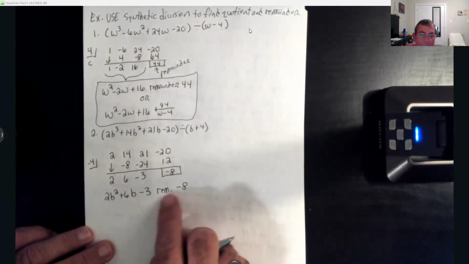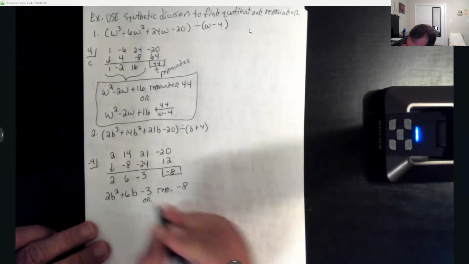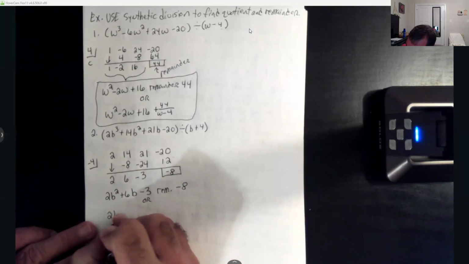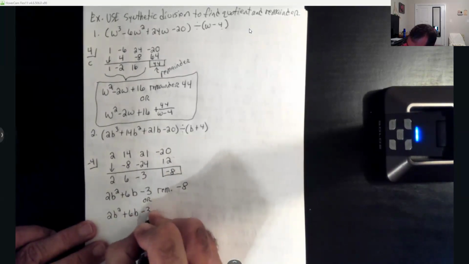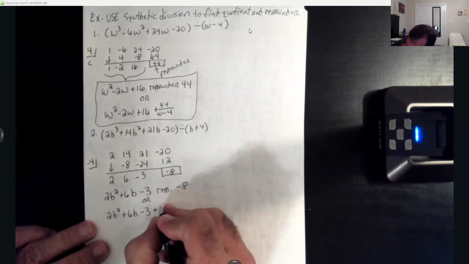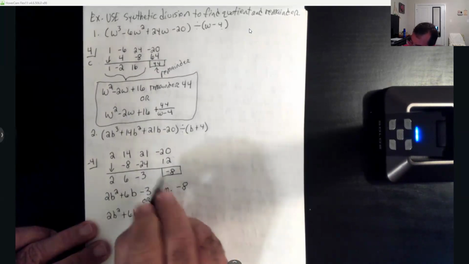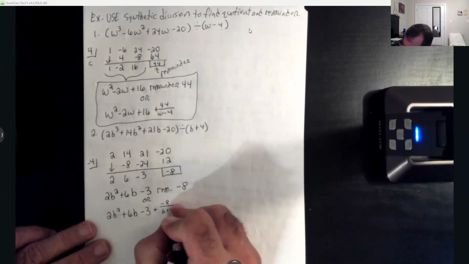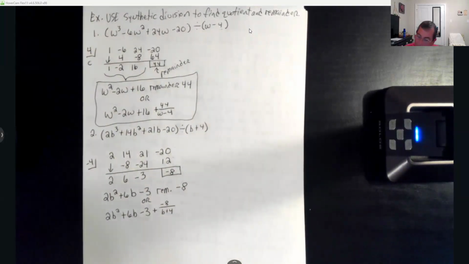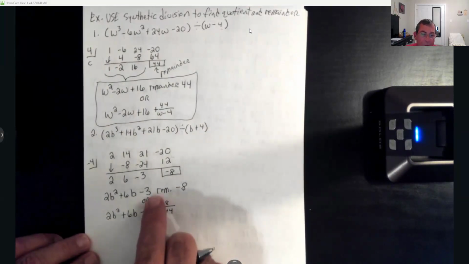Now, if you want to see that one in the other form, they would have 2b squared plus 6b minus 3 plus -8, which is your remainder, over the b plus 4 you divided by. Okay, y'all, so that's what you just got to watch out for. Which way are they writing your answer choices, okay?